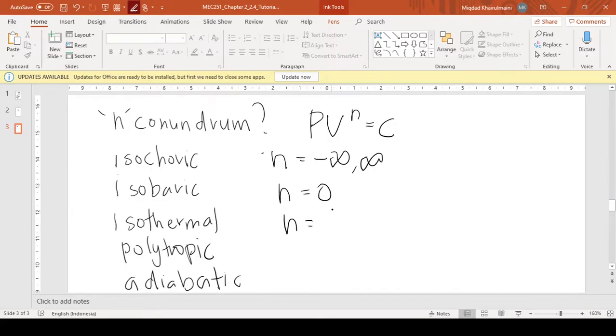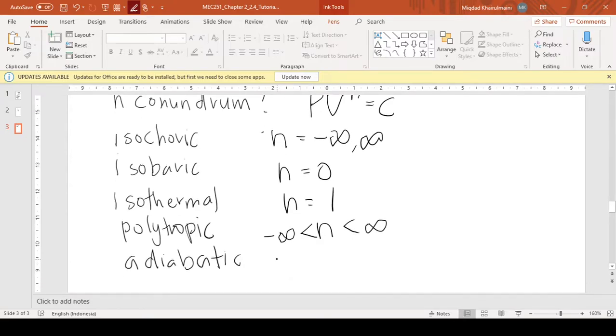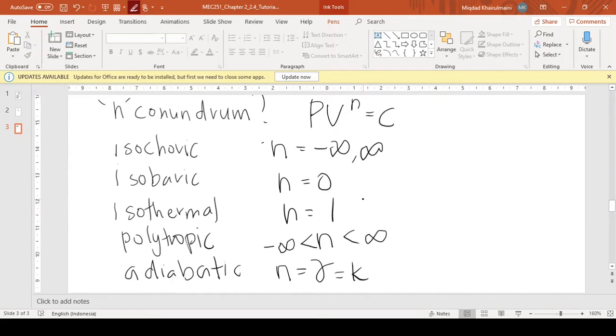And for polytropic, n can be any number between infinity and negative infinity, except for the values for the other processes. So for polytropic, n cannot be 0, cannot be 1, and cannot be the value for adiabatic, where n equals gamma or k. So for each of these processes, for gases, it can be written in the form PV^n = C.